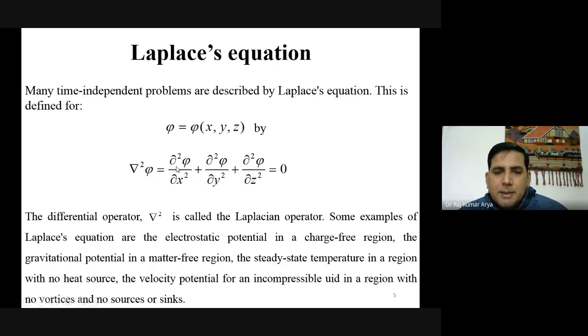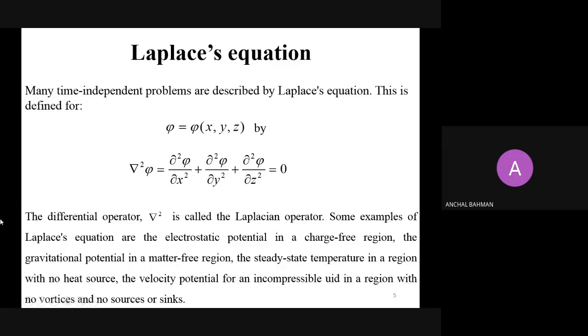So del square is called a Laplacian operator, and if del square of any function is equal to 0, this is treated as a Laplace equation. So in the finite difference problem which we solved for the metal block, you solved the Laplace equation in a 2D plane, right? Correct? Yes, sir. Right.